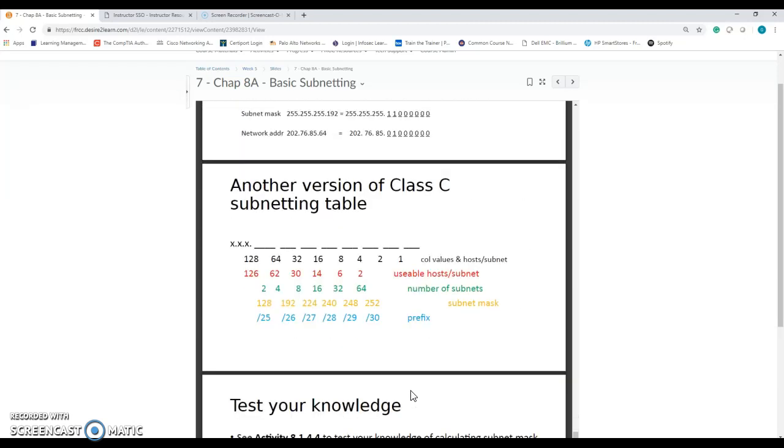I believe this table here is what most people work with. Once again, it's drawing your 8 lines out, and those 8 lines represent, in some cases, bit values. If we look at this slide here, we see that if we modify our 8 dashes, it can also mean total hosts per subnet on the first line, along with bit value.